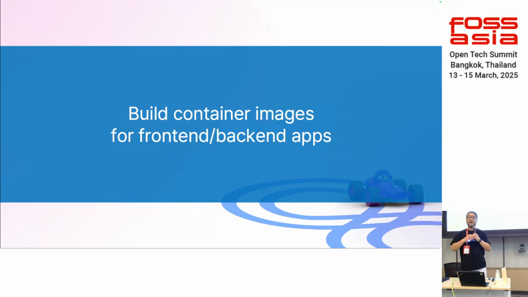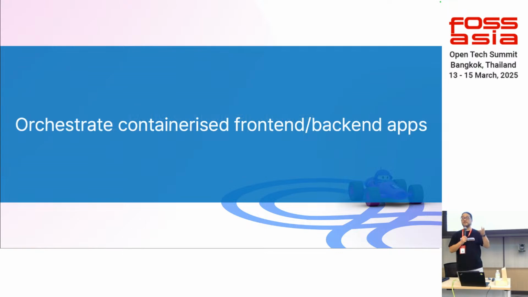And because we have at least 2 applications up and running at the same time, one for front-end and the other for back-end, we need to orchestrate these 2 applications for the users to work with. So we need some sort of orchestration feature for those containers.